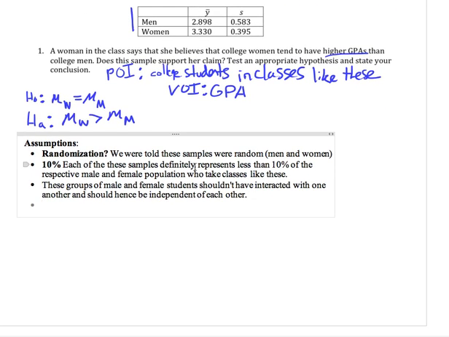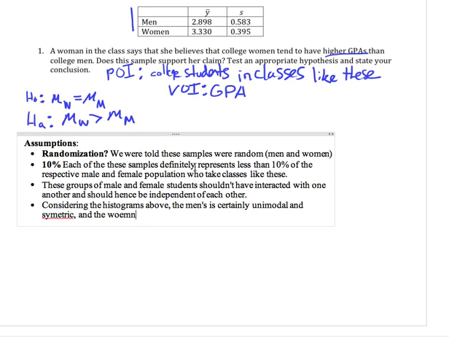So I'm going to say, considering the histograms above, the men's is certainly unimodal and symmetric, and the women's is also roughly symmetric and unimodal.